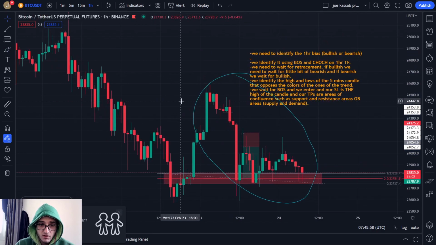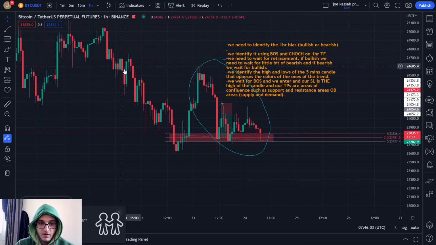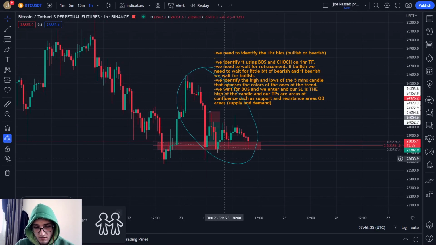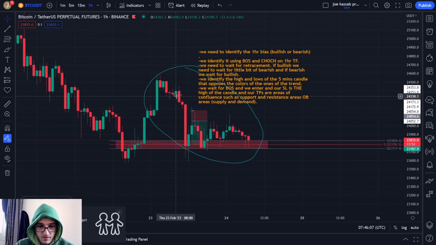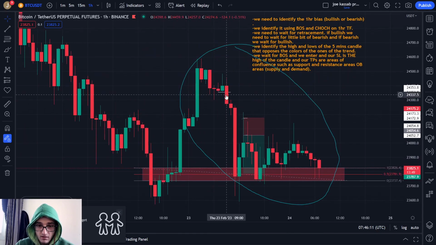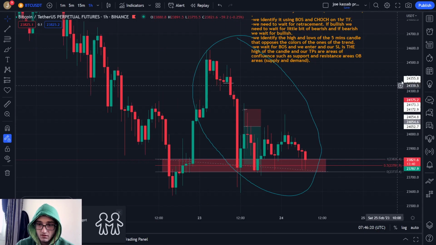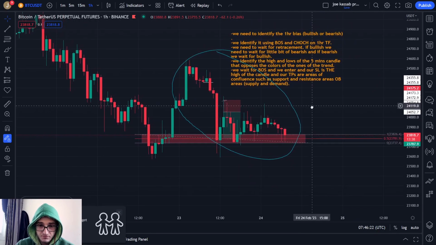Okay, so if you can see also 4 hour time frame is bearish, 1 hour time frame now is bearish because we had this green candle that broke structure. We had change of character here and break of structure here.